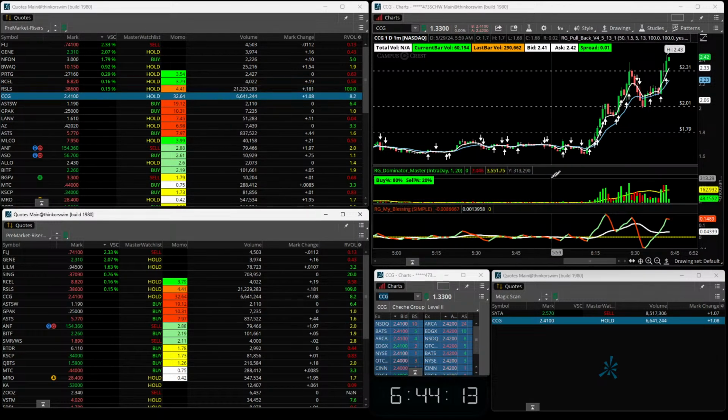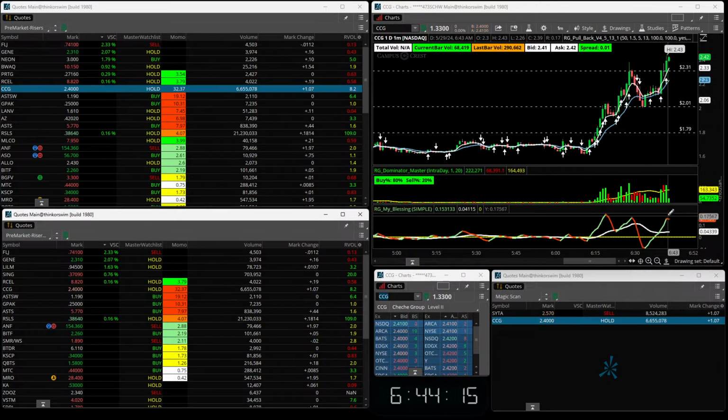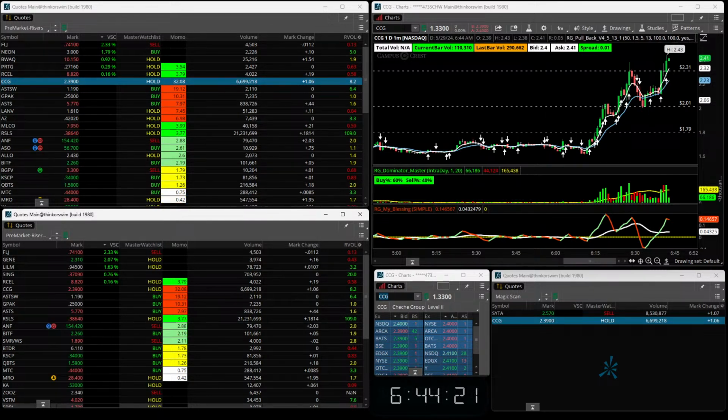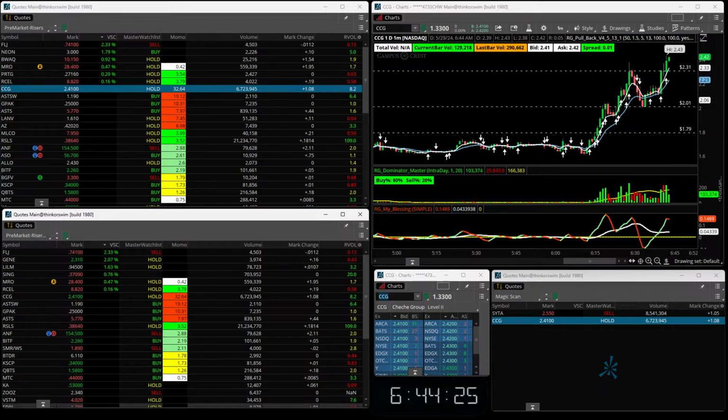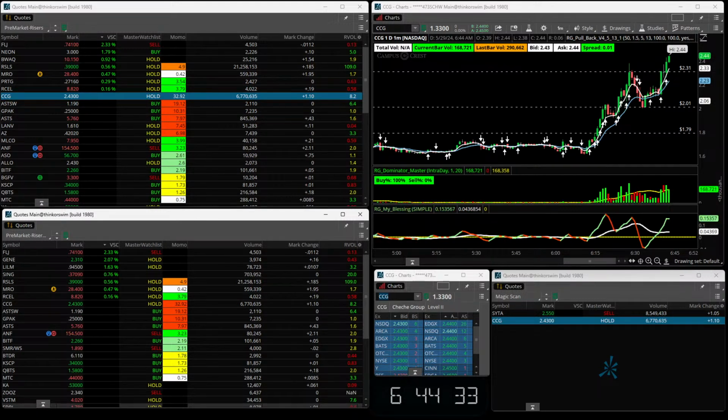I'm watching my blessing is rolling over. So we're getting weaker. Green dominator bar coming in. Push for a new high of 245.